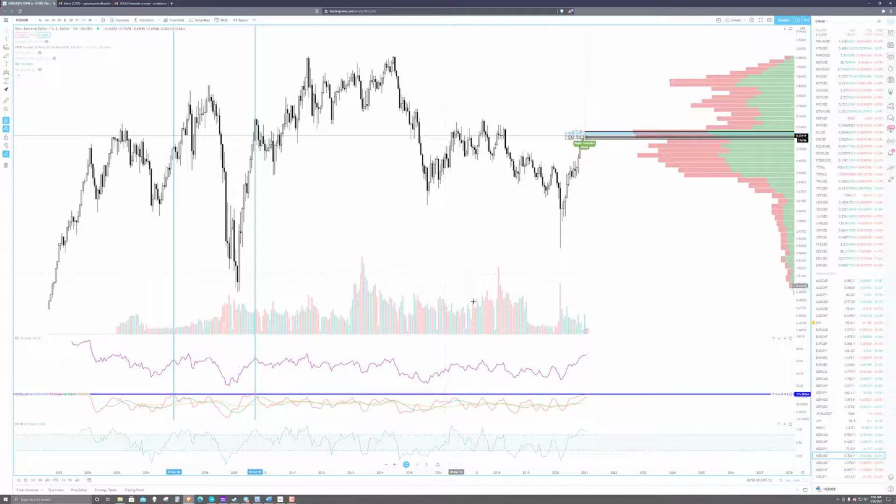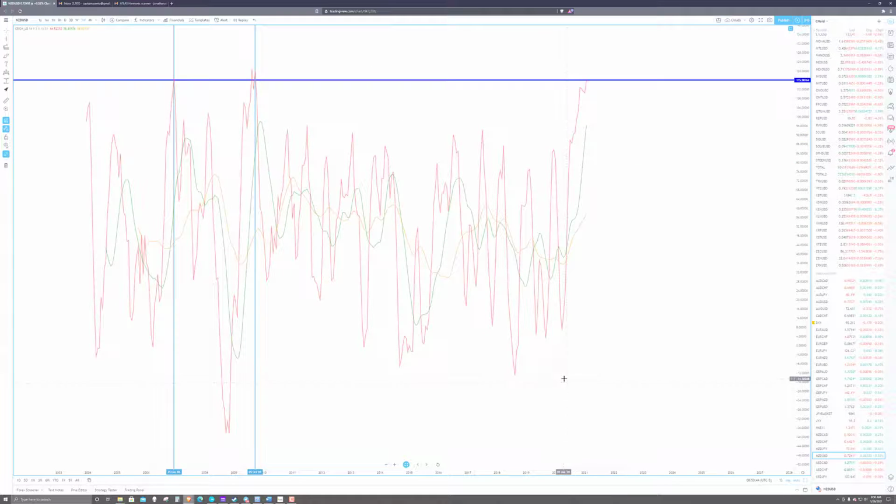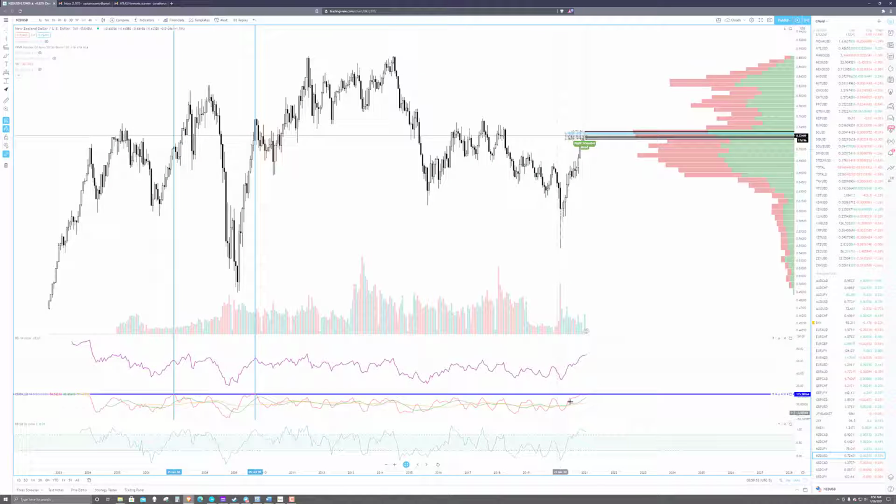This is a little different situation. What we've got going on here is this elevated level, and I believe this is going to be either the second or third highest composite index level on the weekly chart. But if we look at the RSI, the RSI is at an elevated level compared to the last 15 years.